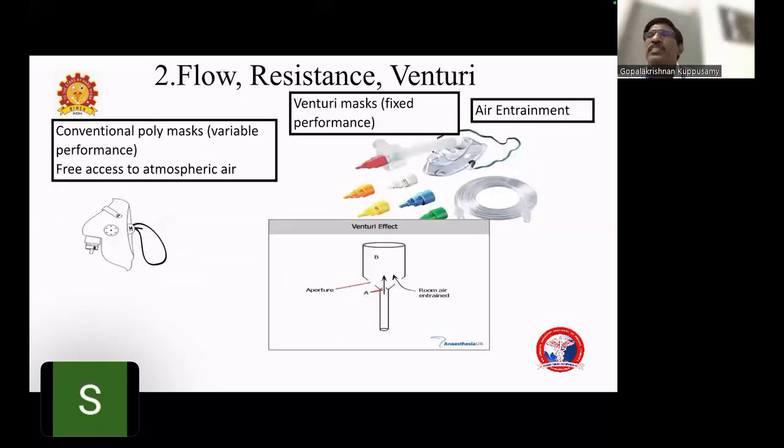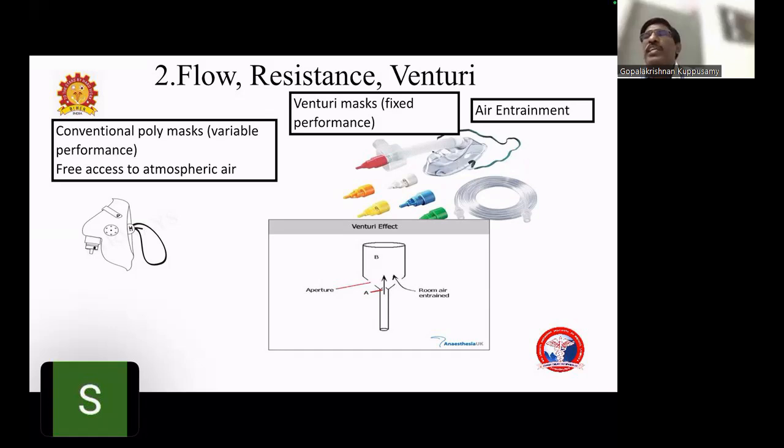So conventional oxygen masks have free access to the atmospheric air, so the inspired oxygen concentration will go on varying. A Venturi mask is a high flow mask with a fixed inspired oxygen concentration.